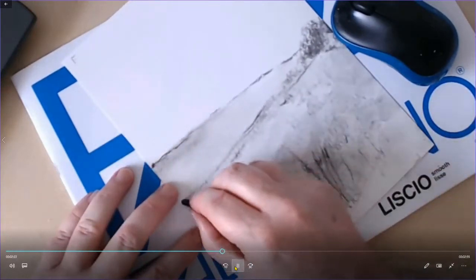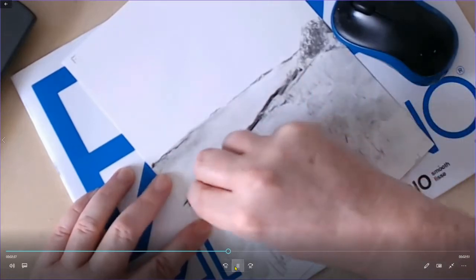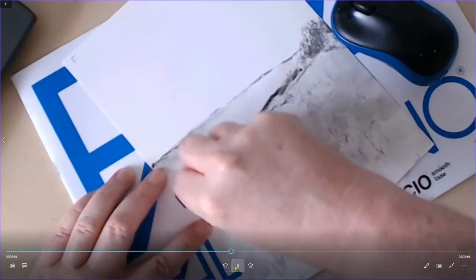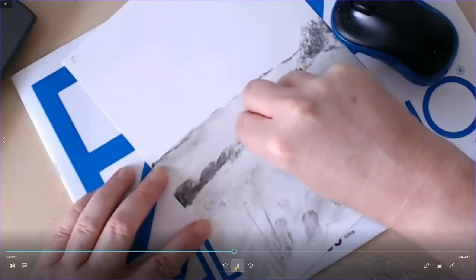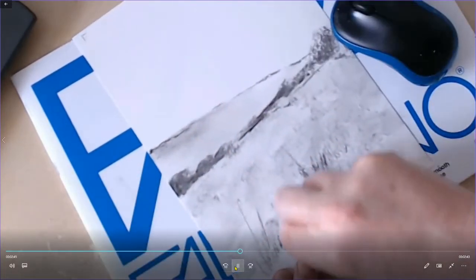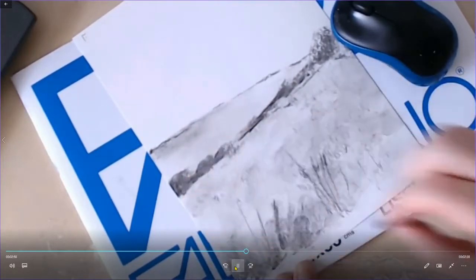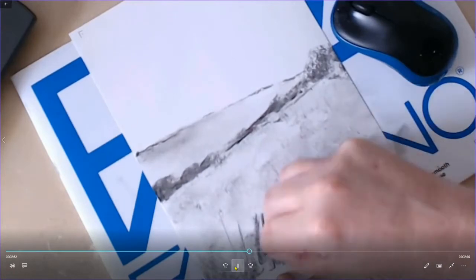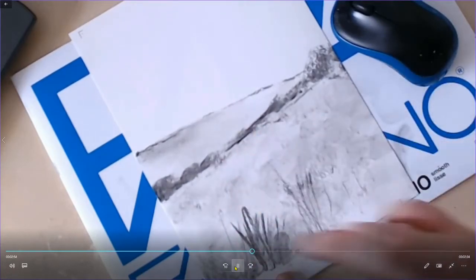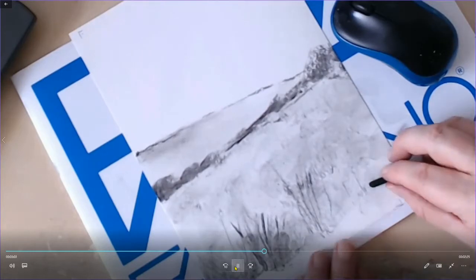So in the example that I'm drawing here, you can see in the foreground I've put in some tall blades of grass or rushes, that type of thing. In real life they're probably maybe 30 centimeters, a couple of feet long, something like that. The hedge in the middle distance, middle background, is probably 5 or 6 feet or a couple of meters tall. So it's much taller in real life.